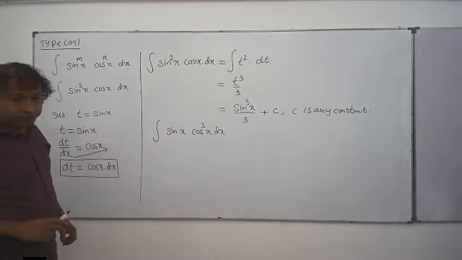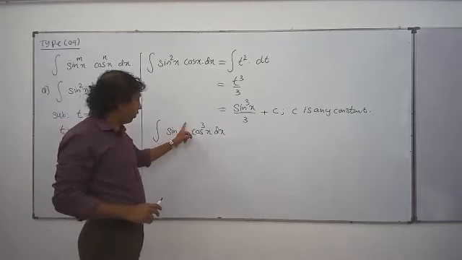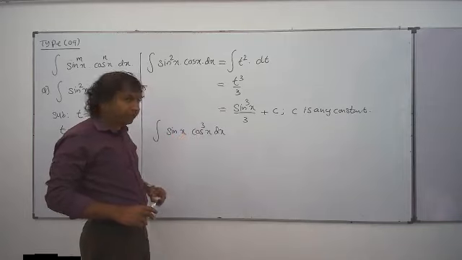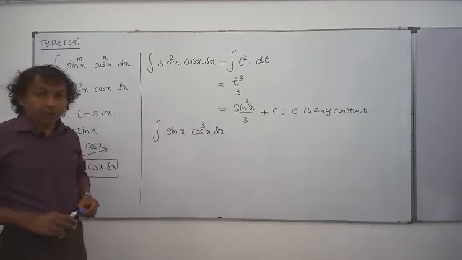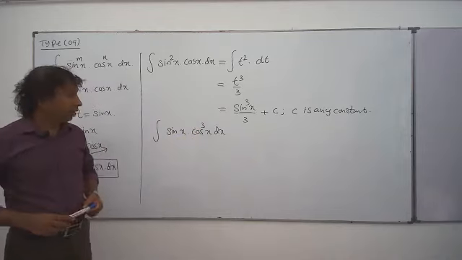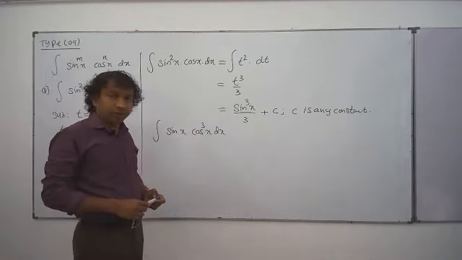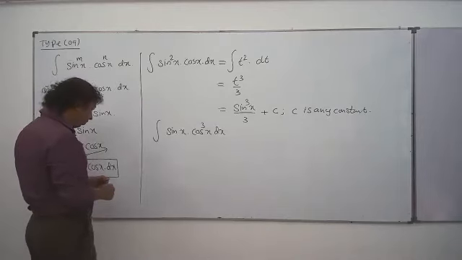This power is 1, this power is 3. Both powers of sin and cos odd positive integers. Then in this case, you can use either t equals sin x or t equals cos x. Whichever you use, you can get the answer, right? I will use t equals cos x.